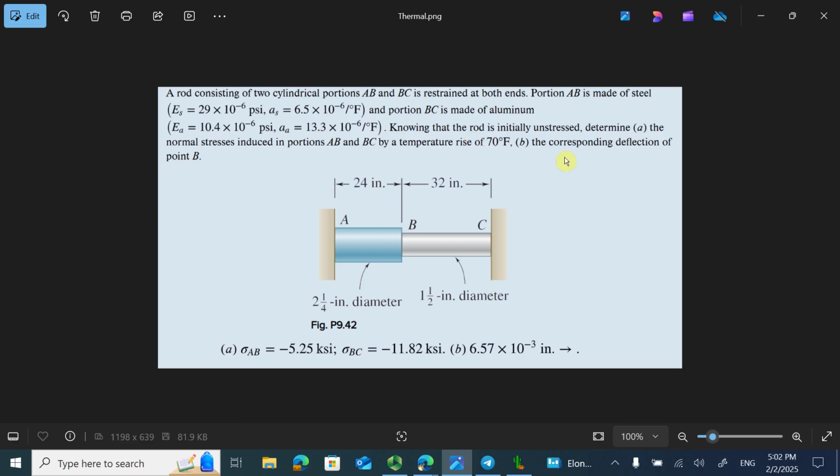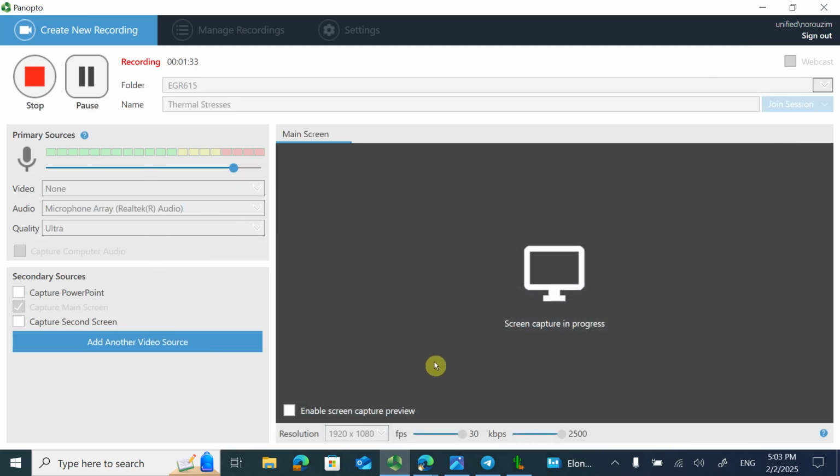Knowing that the rod is initially under stress, we would like to find the stresses in portions AB and BC, and also how much point B is going to move. Is it going to move to the right or left, and finding the magnitude. Alright, so let's go to Ansys. By the way, the solution is here.